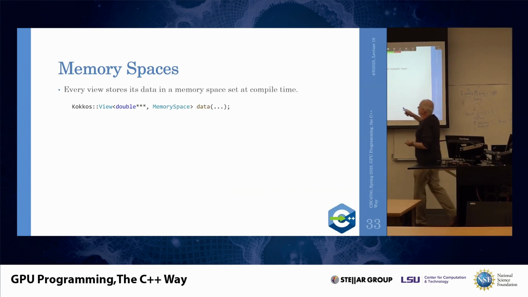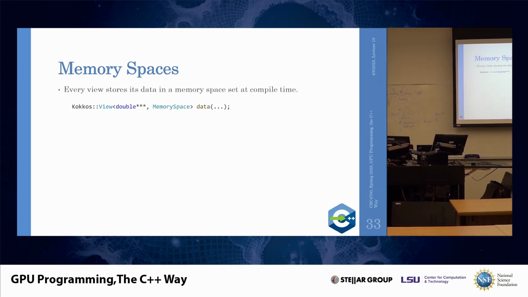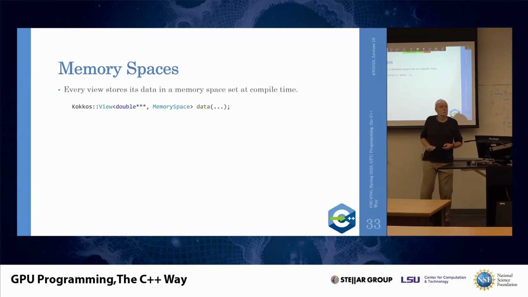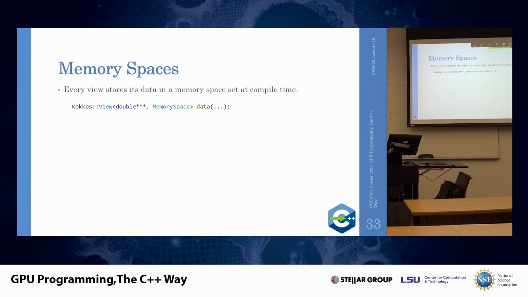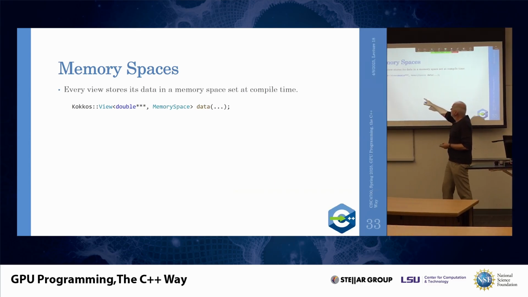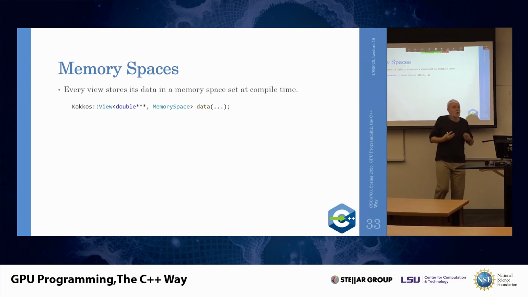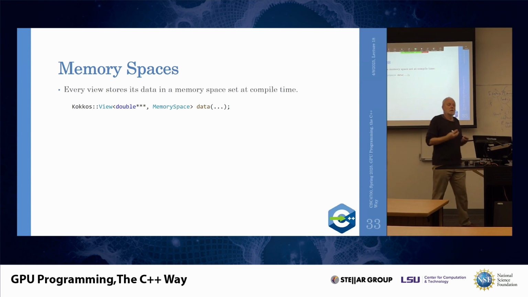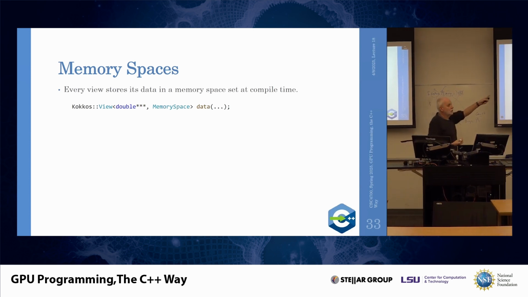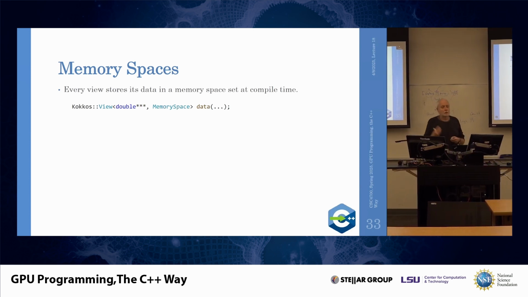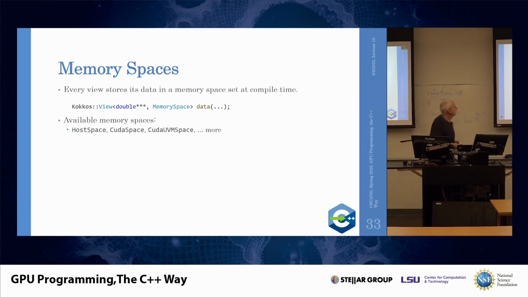And you do that by passing an additional template argument to the Kokkos view. You say, okay, this is a Kokkos view that has 3 runtime dimensions, and the memory lives on the place that the memory space refers to. And we will see some examples in a minute.